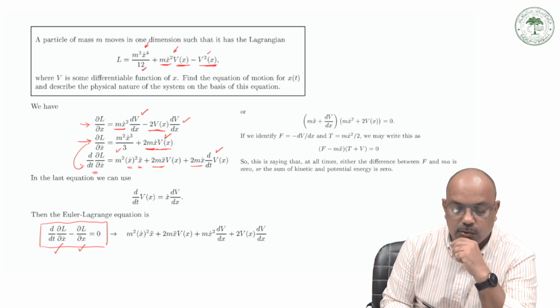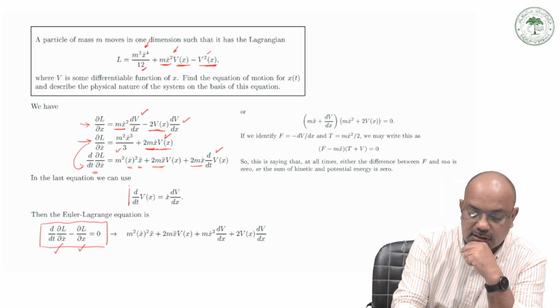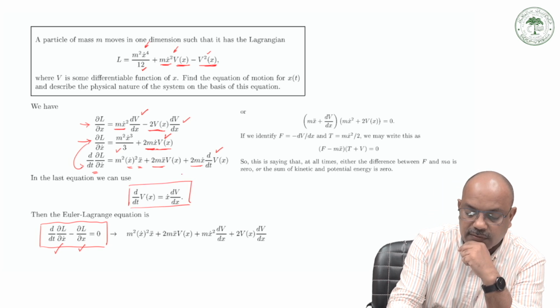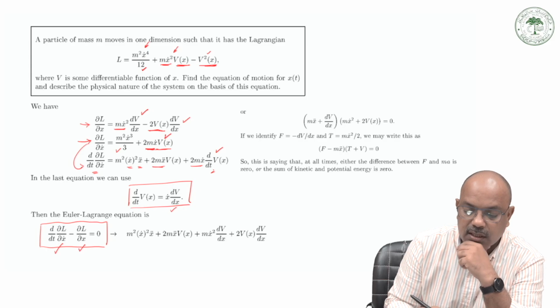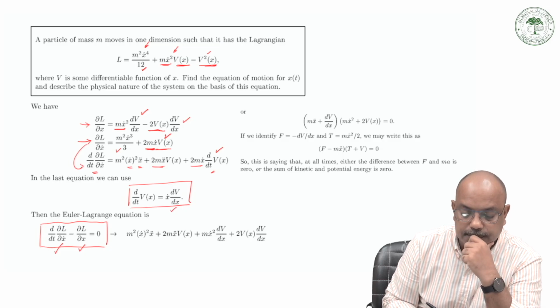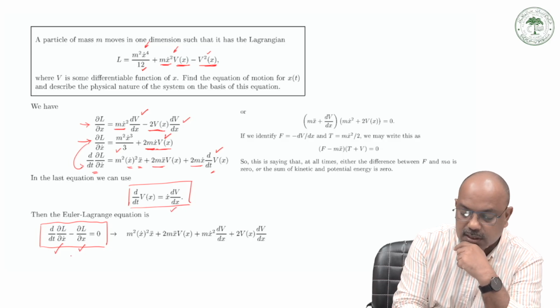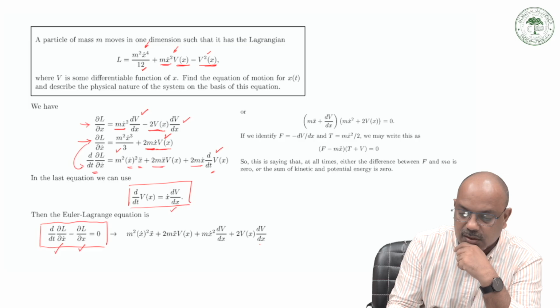Okay, so this is because d/dt of V(x) is written as x dot dV/dx. Yes, okay, so you put it into this equation and you get a Lagrangian of all these.